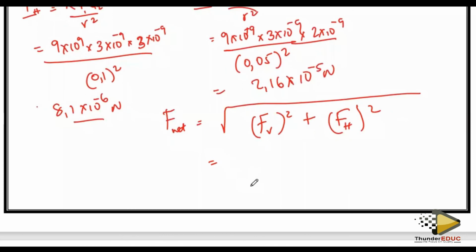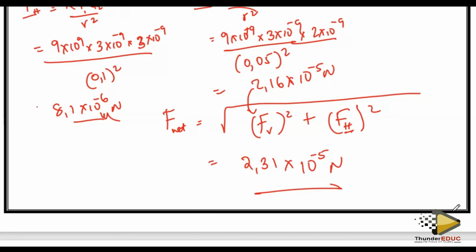So I do that: square root of 8.1 times 10 to the negative 6, plus 2.1 times 10 to the negative 5, all squared. I'm getting 2.31 times 10 to the negative 5.